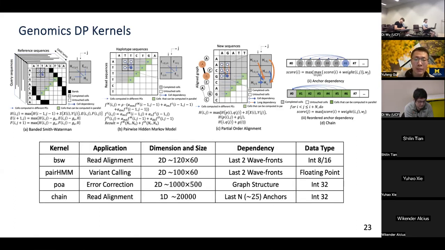If we summarize these dynamic programming algorithms, we could see that they're very different. They have different problem sizes. The examples I show are pretty small tables, either 1 dimension or 2 dimension. But in reality, for example, this 1 dimension table could be up to 20,000. And for 2 dimension tables, some are small, some are large. Their dependency patterns are different.